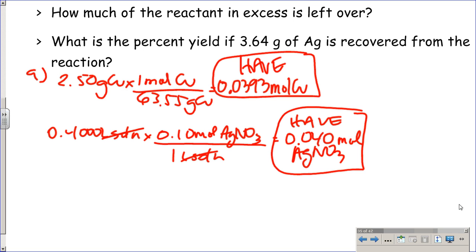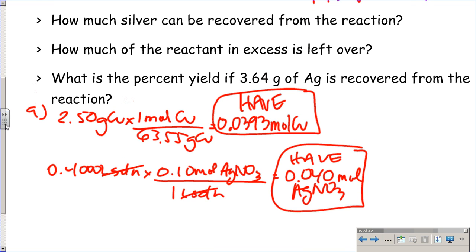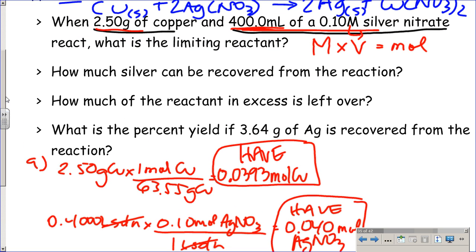According to my recipe, I need 2 silvers for every 1 copper. So I need double the amount of silver nitrate, right? Sorry, silver nitrate when I said silver. So if I have 0.0393 moles of copper, I need double that of silver nitrate. I'm going to write that as a ratio, 2 over 1.